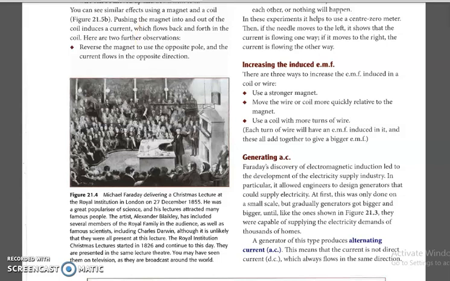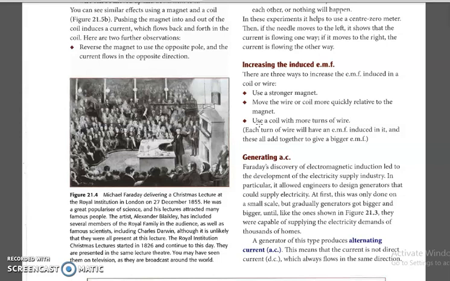So our second point is to move the wire or coil more quickly relative to the magnet. We can move either the magnet or the coil. As we move the wire or coil more quickly, more magnetic flux lines will be cut, and thus it will be producing more EMF.